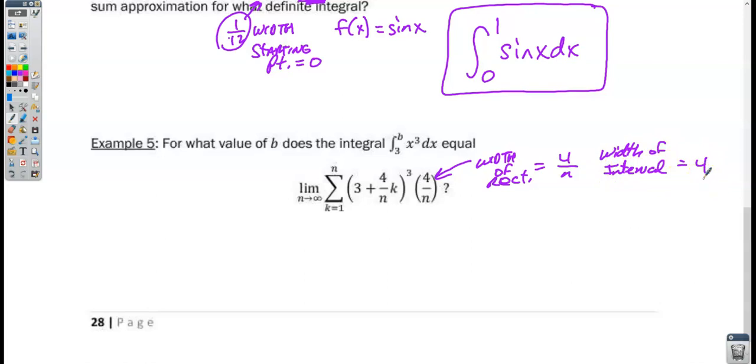Now I look at this expression and I've got 3 plus 4 over n k raised to the third power. So that matches my function here in my integrand. And so it appears like this is pretty straightforward, that the value of b here is just going to be 7. Because then the integral from 3 to 7 of x cubed dx perfectly matches this summation.